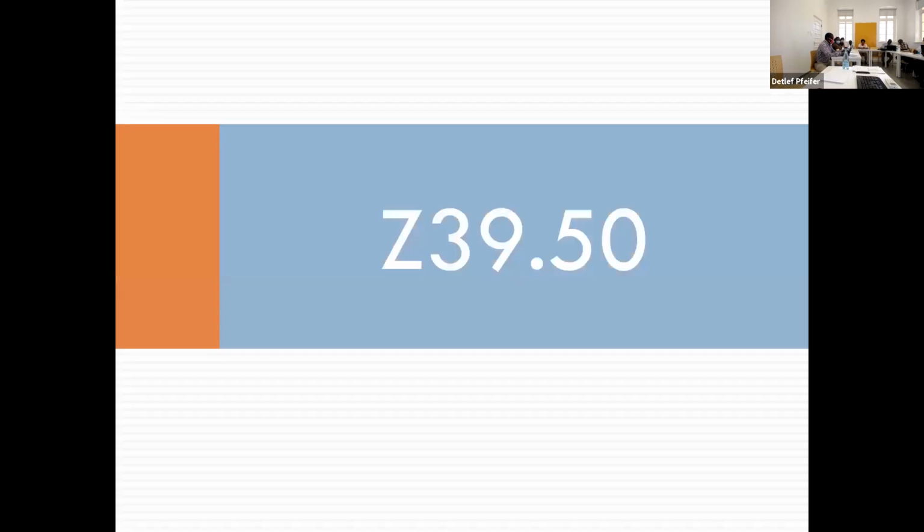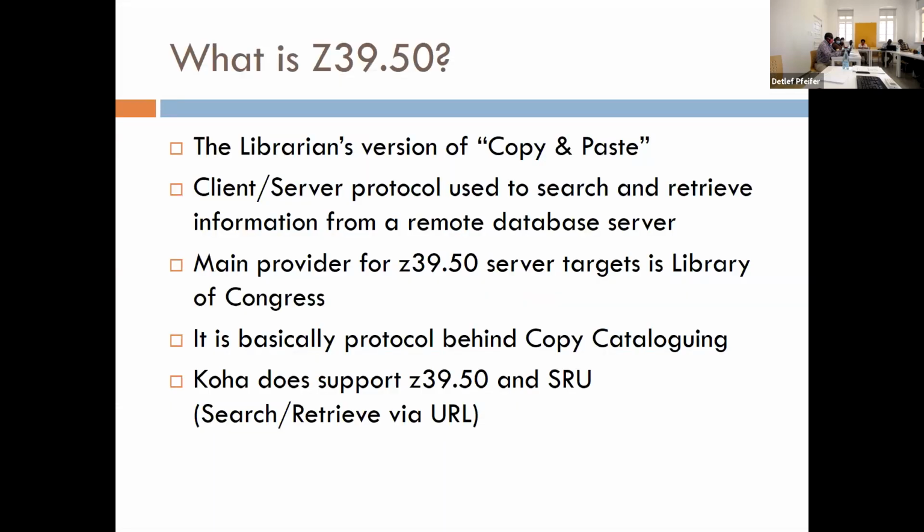So let's look at the Z39.50. As I said before, it's the librarian's copy and paste. When you catalog a book, you are not the first library to have bought that book. It has been cataloged elsewhere. So you can actually borrow. It's not stealing. You can borrow from other libraries who are willing to share, and there are many libraries that are willing to share records.